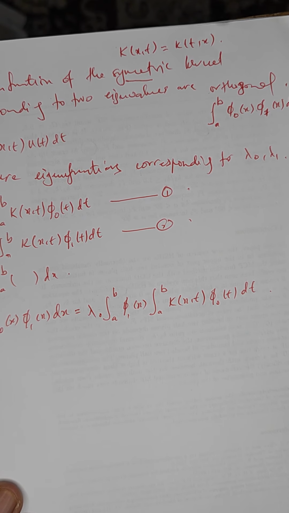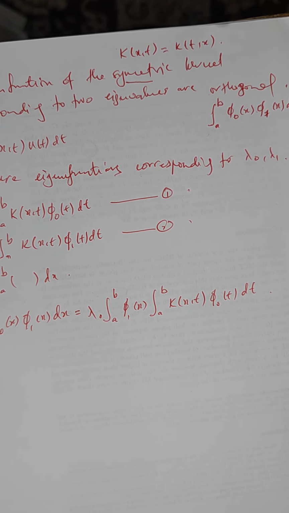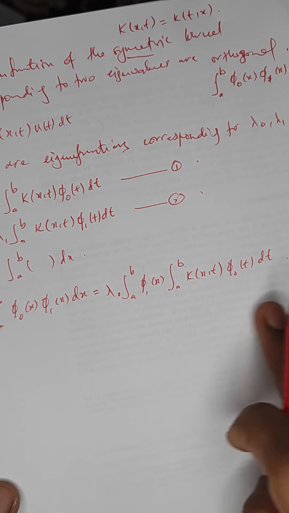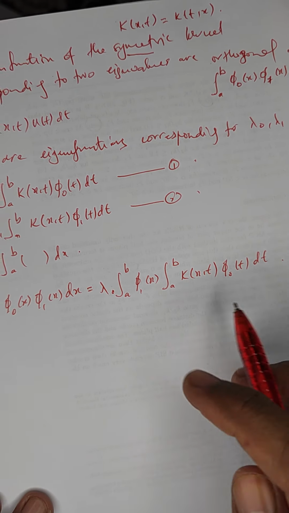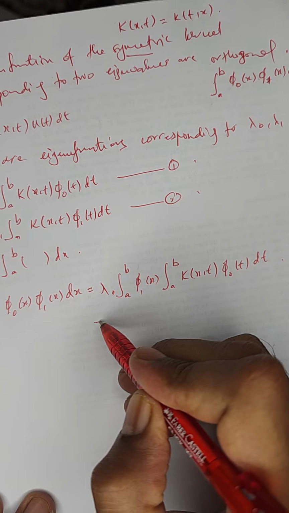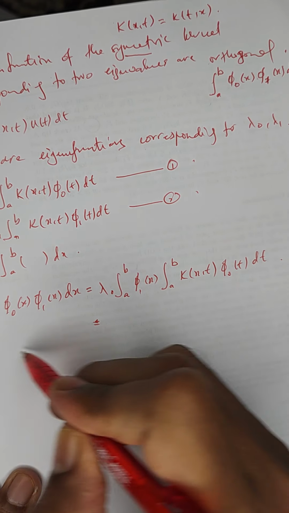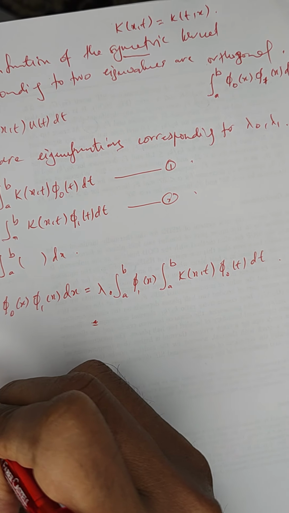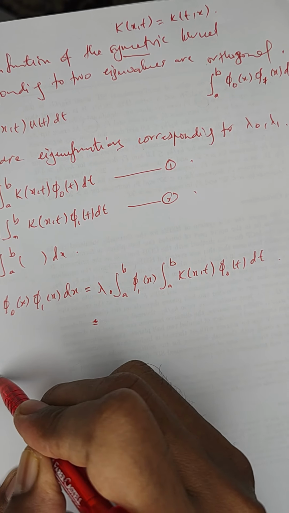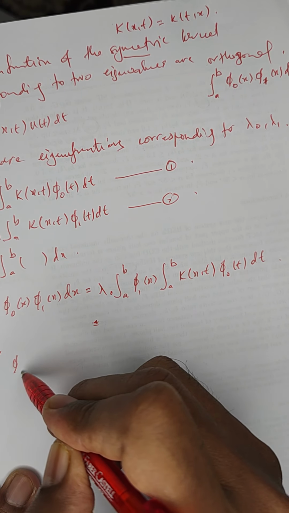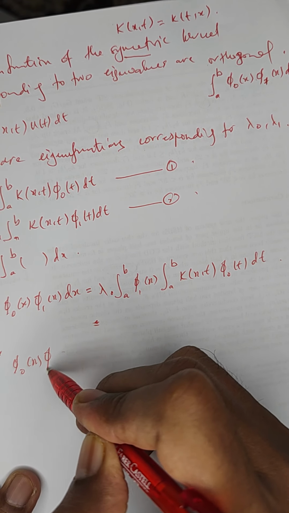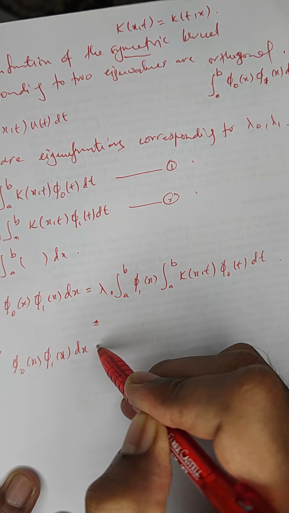Now, if we change the order of integration on the right hand side, let me write in full. On the left hand side we have integral a to b phi naught x phi1 x dx.